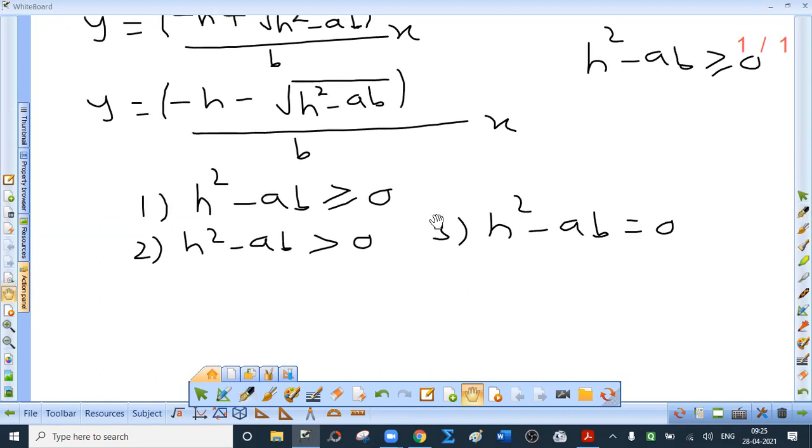And the last case, lines will be imaginary. That is, lines will not exist when h square minus ab is less than 0. So if this is so, then the equation does not represent pair of lines. Okay.